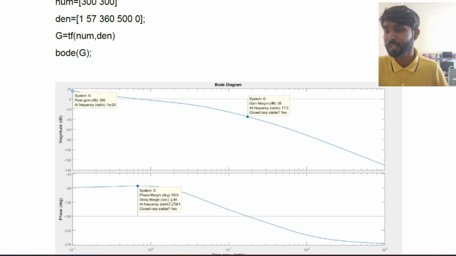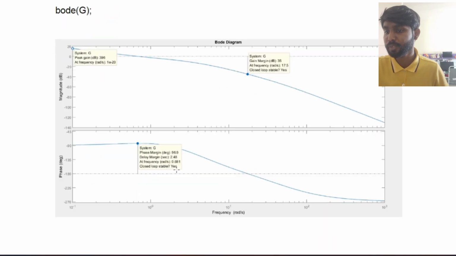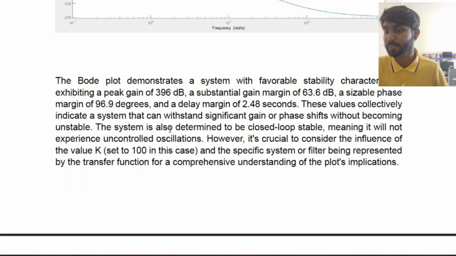The delay margin is 2.48 seconds at the frequency of 0.681 radian per second. Is the closed loop stable? Yes. The Bode plot demonstrates a system with favorable stability characteristics, exhibiting a peak gain of 396 dB, a substantial gain margin of 63.6 dB, a sizable phase margin of 96.9 degrees, and a delay margin of 2.48 seconds.